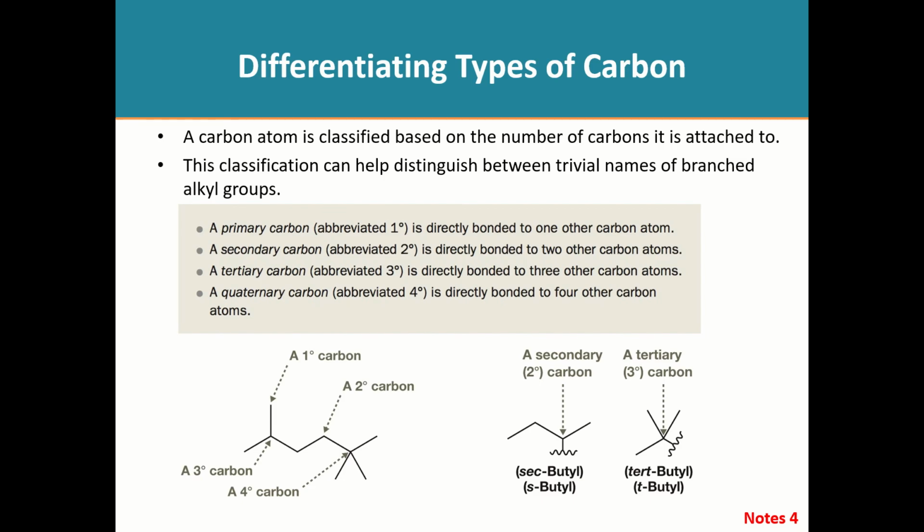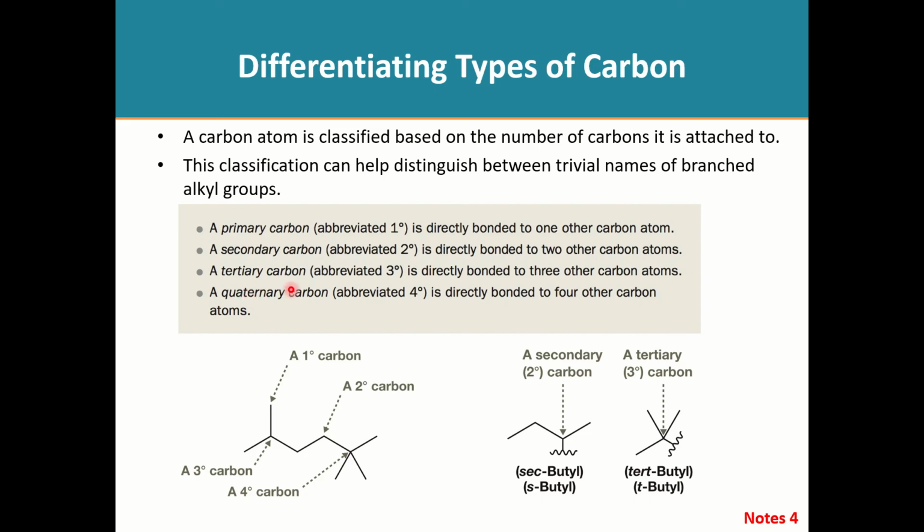Now we have to be able to describe carbons. When you look at an alkane, you're going to have 4 different possible types of carbons. You're going to have a primary, secondary, tertiary, or a quaternary carbon.